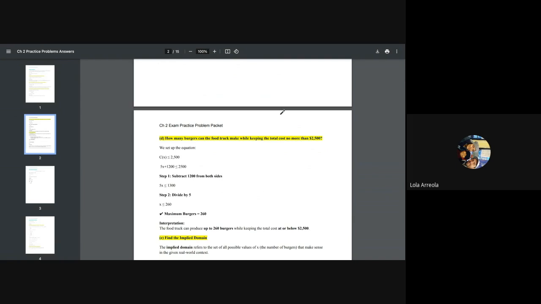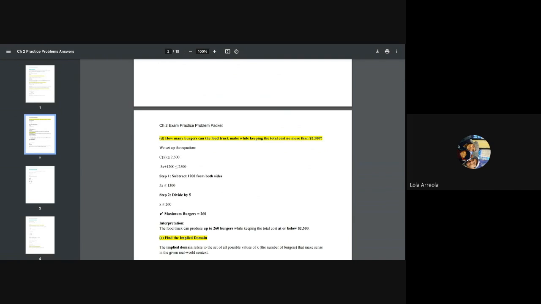Now I have to figure out how this relates to my cost function. So now I'm just going to think about this problem on a small scale. The cost can be no more than 2,500. That means less than 2,500, but no more than could also mean it's equal to 2,500. So 2,500 is the max.